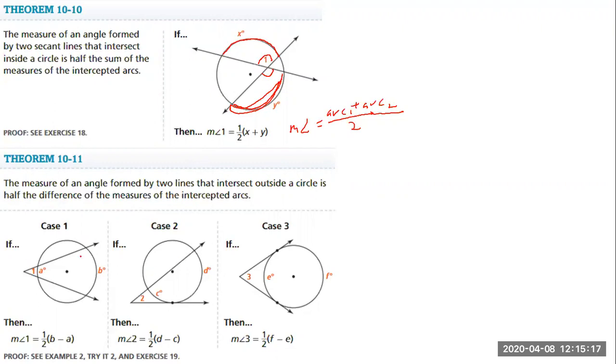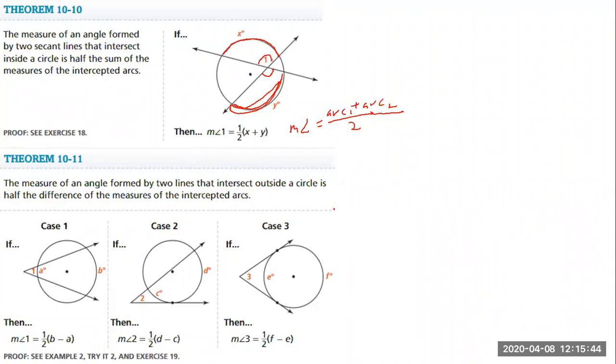So it's kind of the opposite of what we had when it's inside the circle. On all three of these cases, no matter where the vertex is on the outside of the circle, it doesn't matter if we have two secants, a secant and a tangent, or two tangents. As long as the angle's on the outside of the circle, it's going to be the difference of the two arcs and then divide by 2.